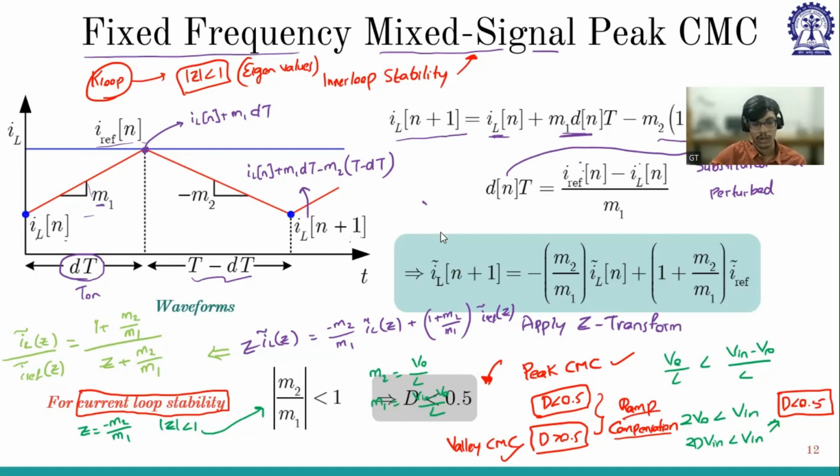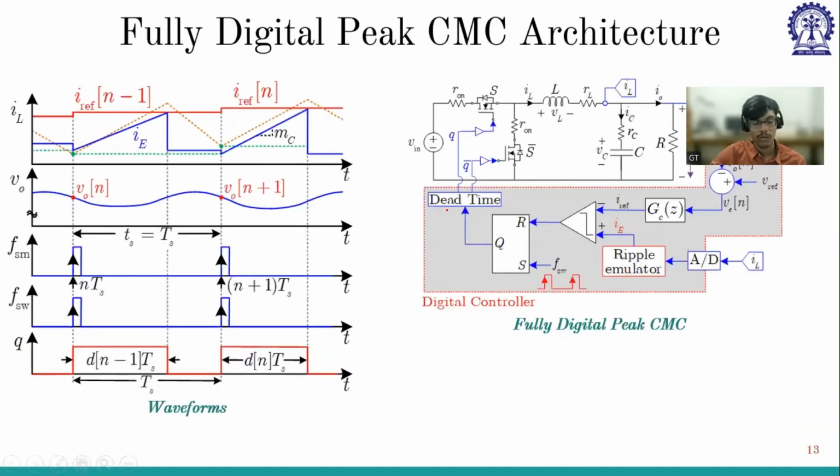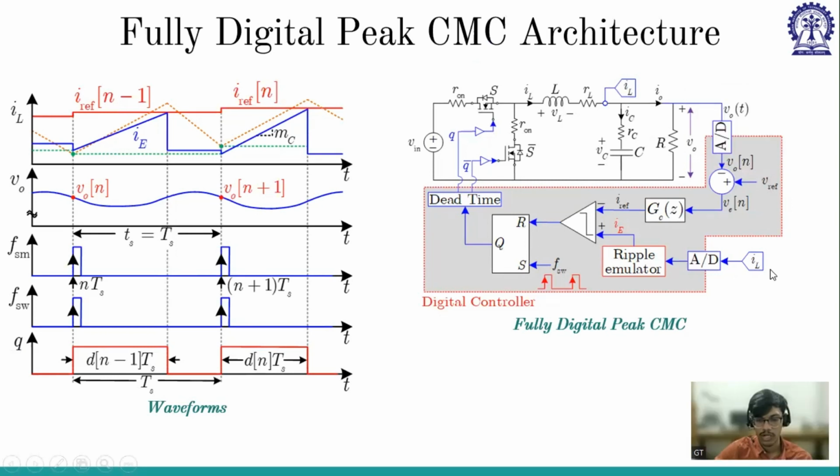Okay. So now we'll move into fully digital peak current mode control. As you know, in fully digital, we are using something called a ripple emulator. So we are taking IL, taking a sample with 1 cycle delay.